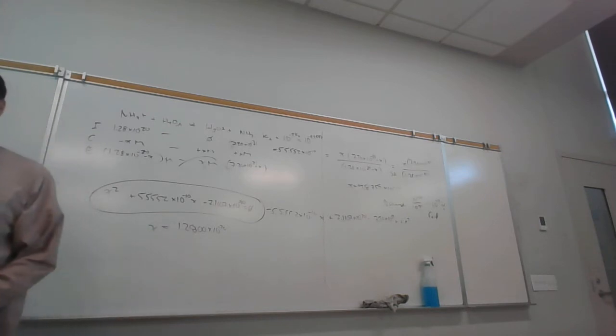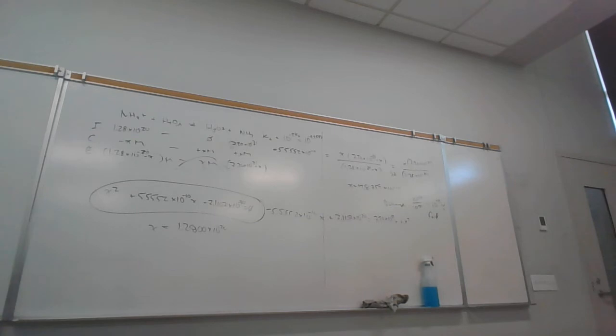No, that's not right. And the reason this failed is because now I cannot use Ka. I have to use Kb, and Kw is going to be a significant contributor to hydroxide. And so here's where it failed.